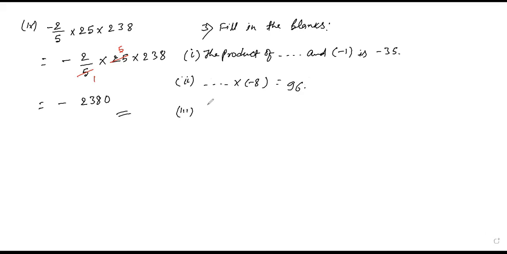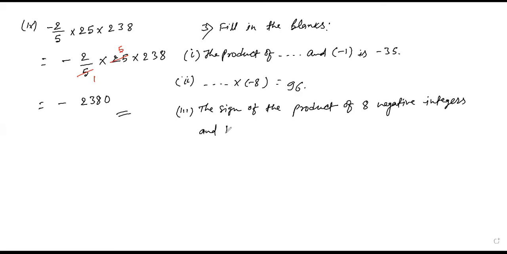Number 3: the sign of the product of 8 negative integers and 1 positive integer is dash. Number 4: minus 7 into 29 into 0 into minus 8 is equal to dash.